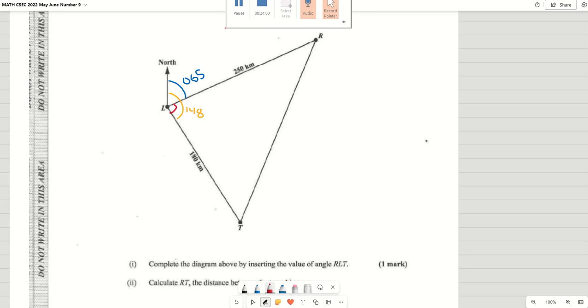Now we can clearly see that that red angle, RLT, is the difference between 148 and 65. So you simply say it's 148 minus 65 is equal to 83. So that red angle, RLT, is equal to 83. That is how you would do this first part.